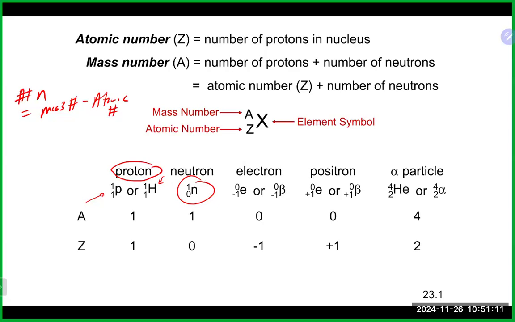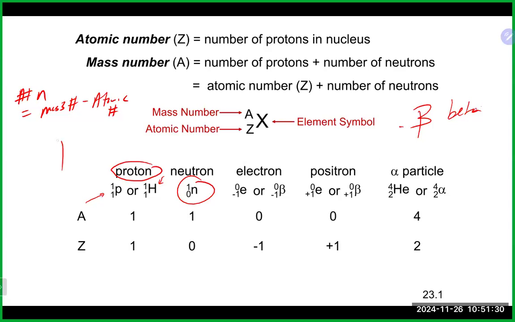As I mentioned before, electrons, beta particles, and positrons have the same symbol. If you come across a problem where it just gives you the beta symbol, it most likely is going to be a beta particle.